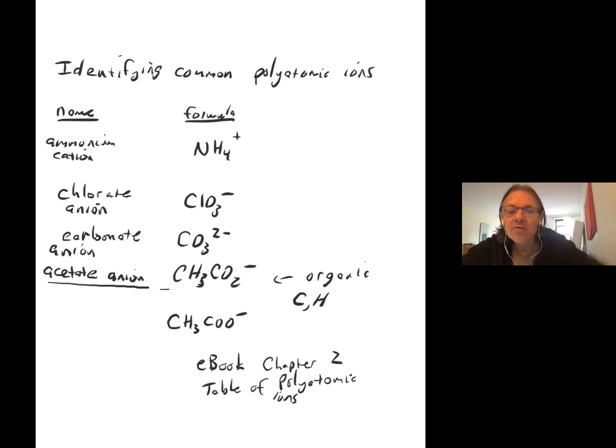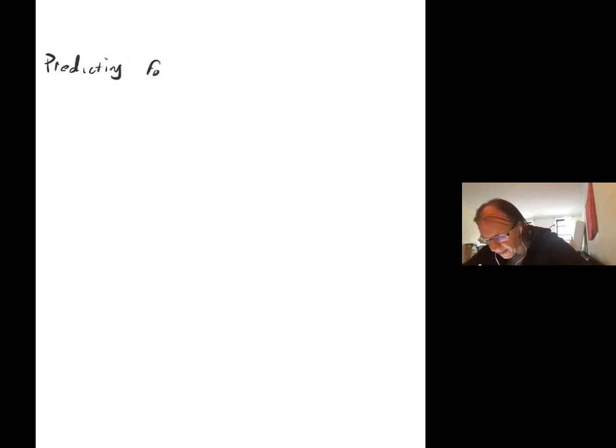So now, just like we did with the monatomic ions, let's try to do formulas with polyatomic ions. So this is kind of interesting. This one is predicting formula of ionic compounds with common polyatomic ions.